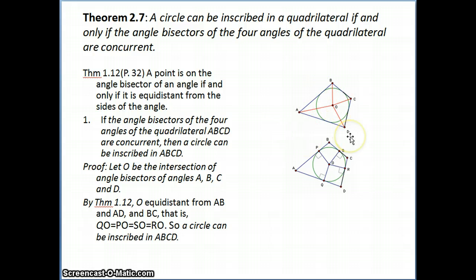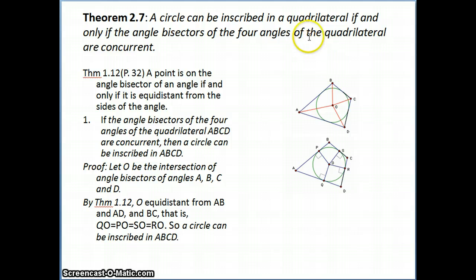So what kind of quadrilaterals can have an inscribed circle? By this theorem, the angle bisectors of the four angles are concurrent. We have proved that for any triangle, the angle bisectors must be concurrent. But is that true for a quadrilateral? Not necessarily.